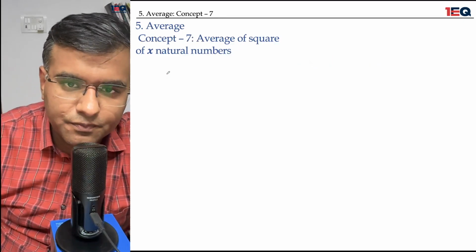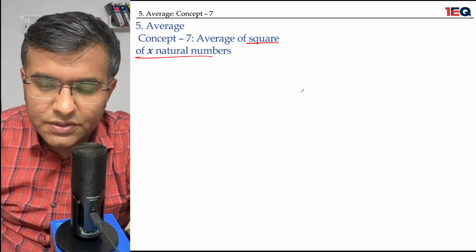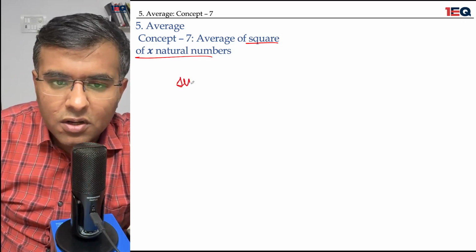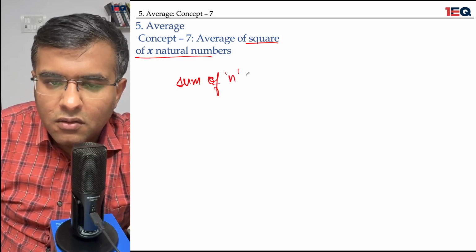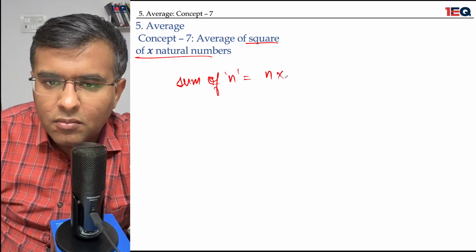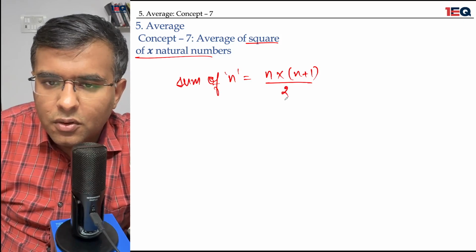I'll move on. Now, I'm talking about the average of squares of n natural numbers. I have already talked about the sum of n, which was n multiplied by n plus 1 whole upon 2.